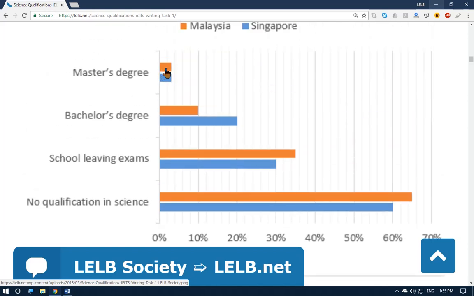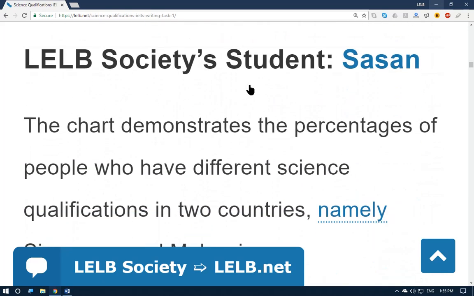And the orange color represents people from Malaysia, and the blue one represents people from Singapore. Okay, so LELB students, this is one of the students.